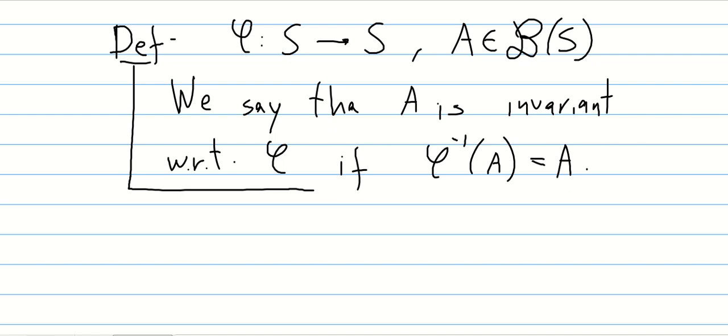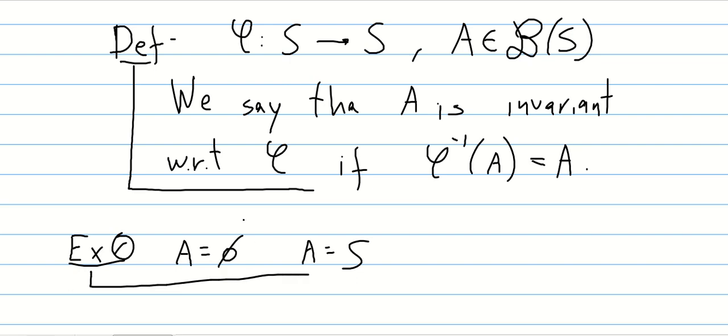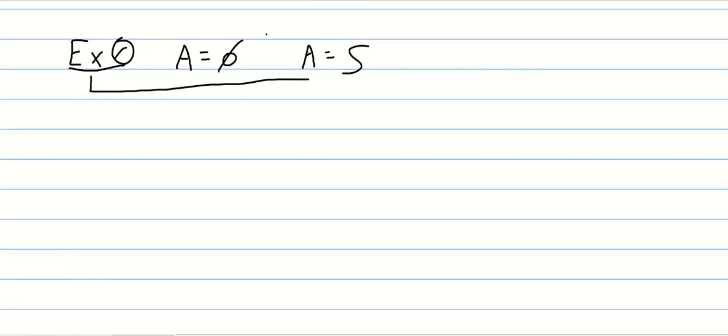And as before, after introducing something, let's give several examples. So examples, of course there is always example 0. If A is the empty set, phi minus 1 of the empty set is the empty set. Or if A is the whole space, then we're done. Phi minus 1 of the whole space is the whole space. This is trivial.